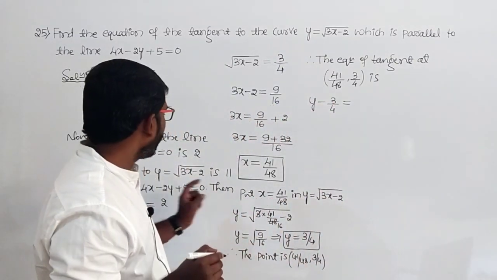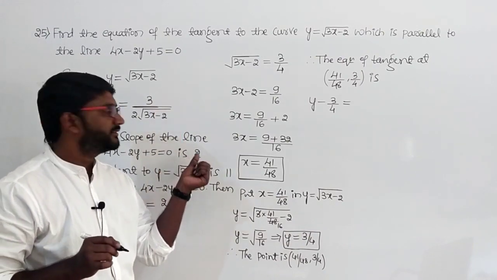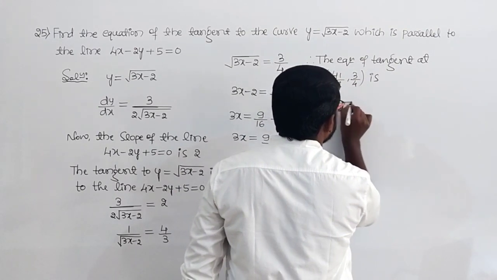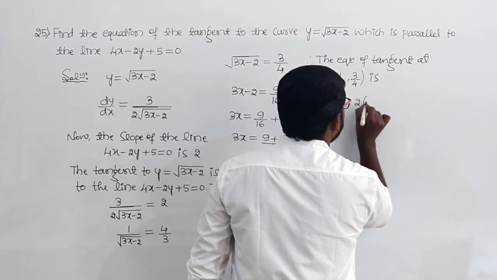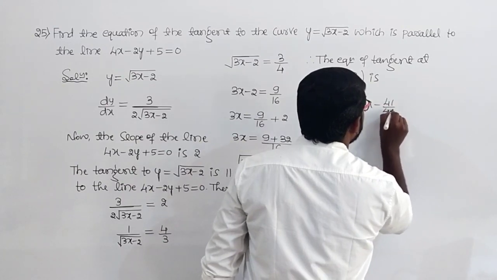So what is the slope? Slope is 2 here, because both are equal. They are parallel means the slopes will be equal. I can take 2 here. So it is 2 into x minus x naught, that is 41 divided by 48.